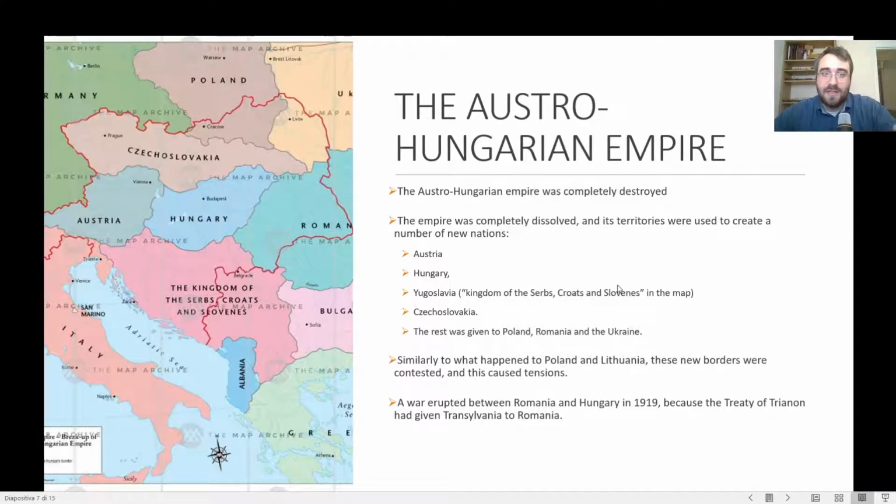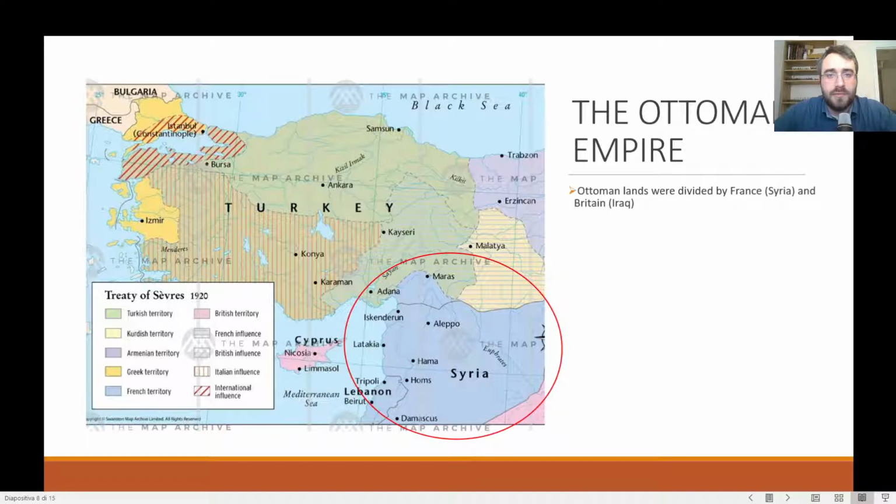So this region, Transylvania, was given from Hungary to Romania. Still today, a lot of people in Transylvania speak Hungarian, and the tension between the two countries is very high because of this.